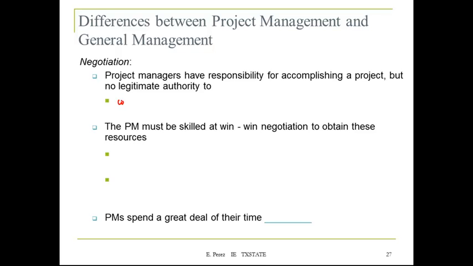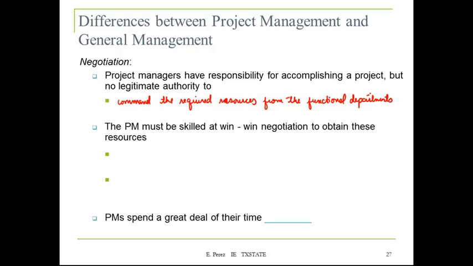So you have no say on the resources that are located somewhere outside of your department. The project manager must be skilled at win-win negotiations to obtain these resources.